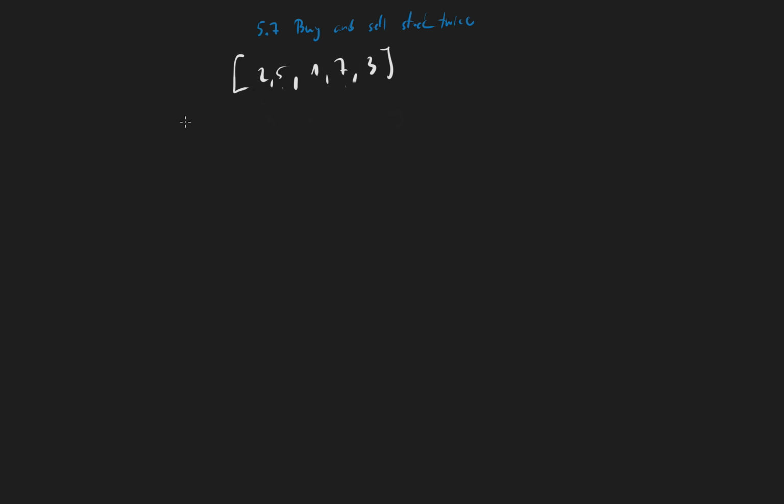just have two additional arrays. So let's have left profit, which we go over from left to right. So here we can have a variable buy, right?